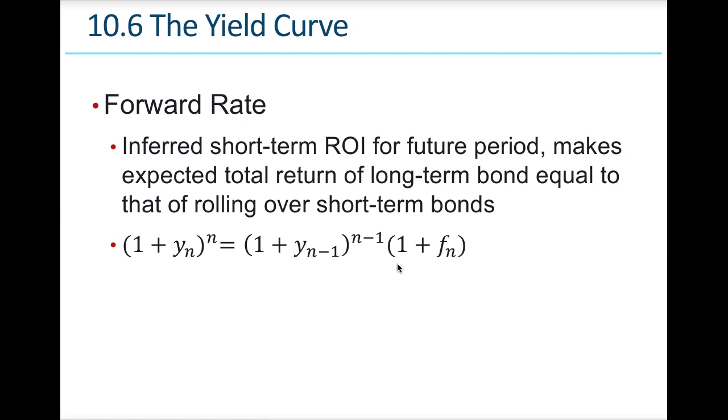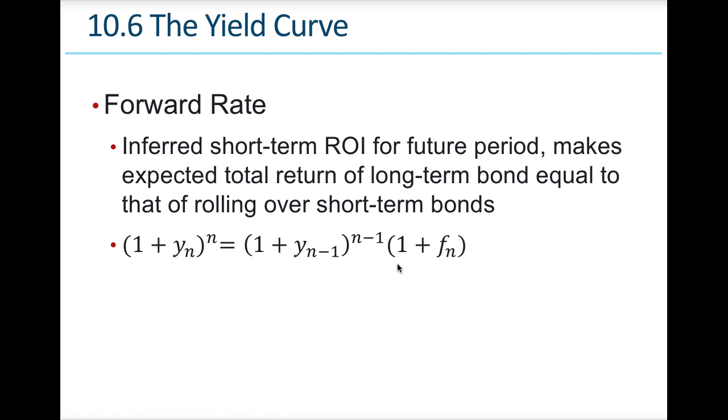Okay, so the forward rate, this is something we're going to talk about. It's an inferred short-term return on investment for future periods, and it makes the expected total return of the long-term bond equal to that of rolling over short-term bonds. So this is a formula to calculate what we call a forward rate in the bond market.